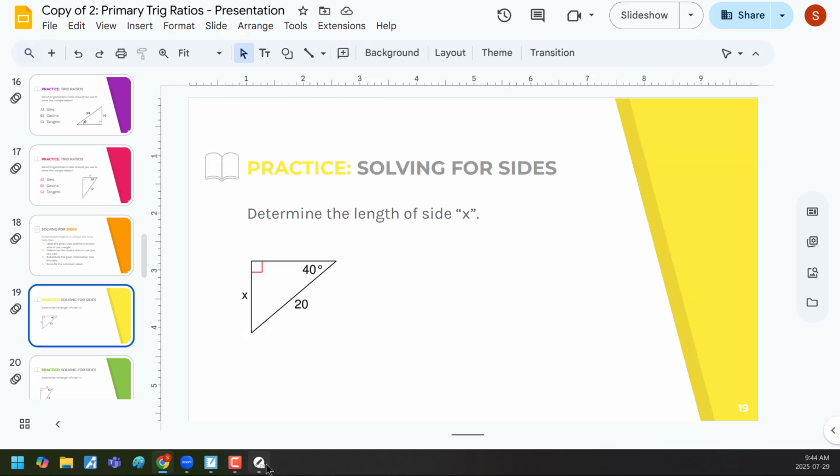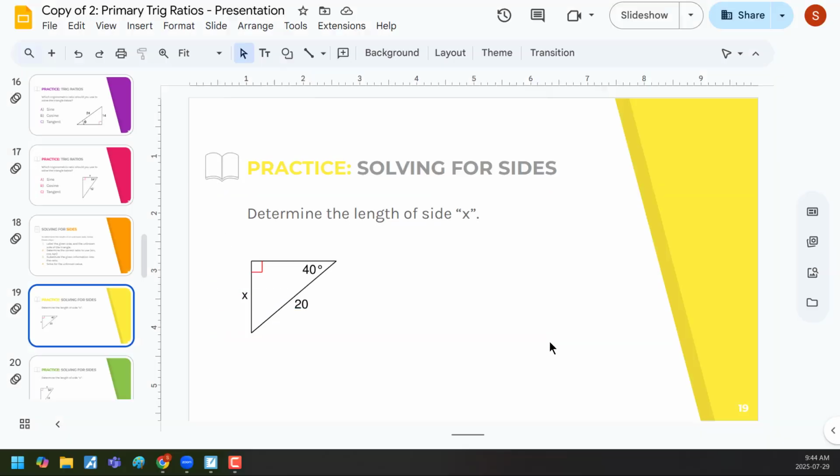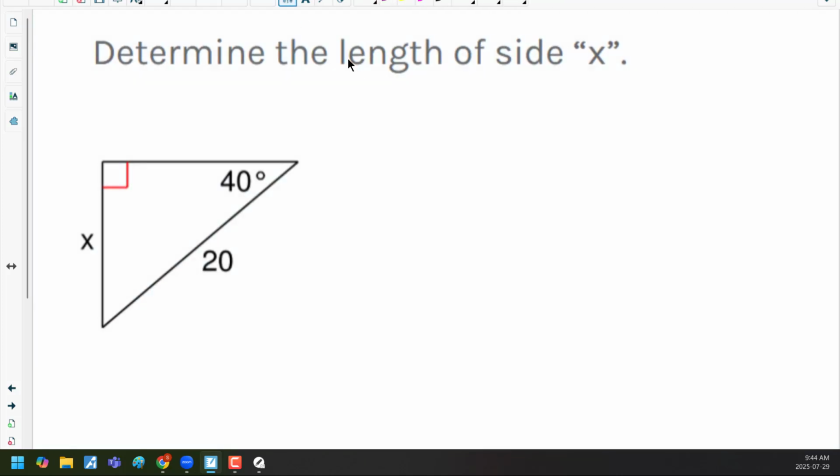So how do we solve for x in this case? So in this example, what we need to do is always label your triangle. So you find your reference angle, which is the only angle inside the triangle.